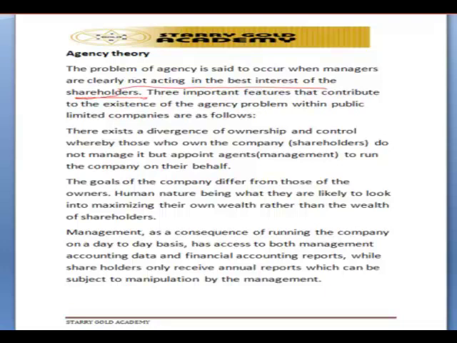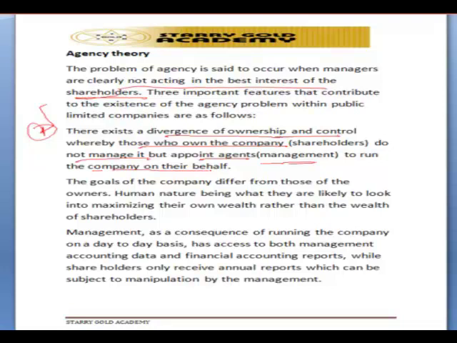Number one, there exists a divergence of control and ownership, whereby those who own the company, the shareholders, do not manage it but appoint management to run on their behalf. So the ownership and control has been divided.